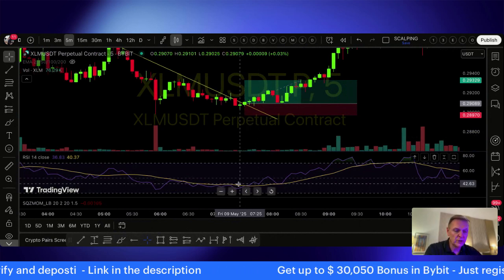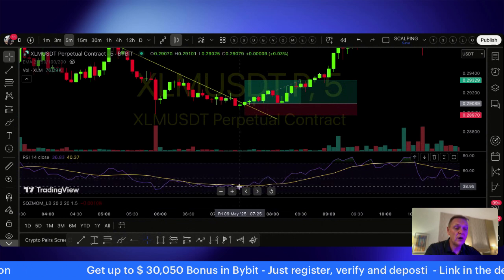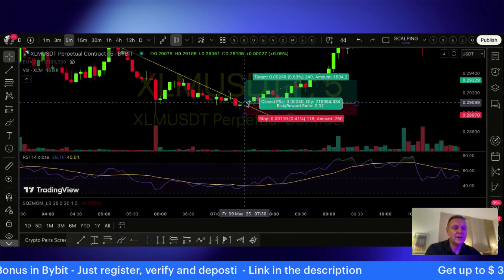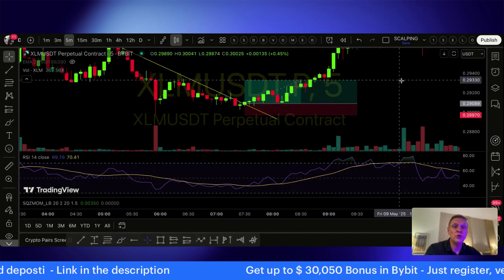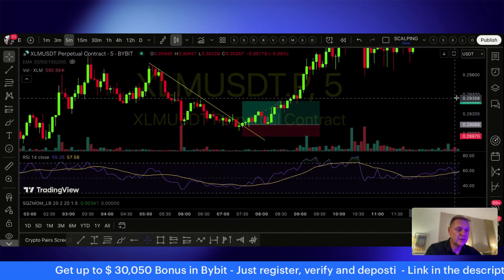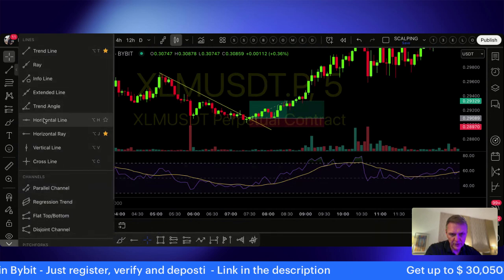But you see it also aligns, there's confluence with the break of the RSI. So then you could enter with a bigger position, and then maybe you can close 50% of your position at 2 to 1, and you can let the rest ride, you know? For example, you could do this.